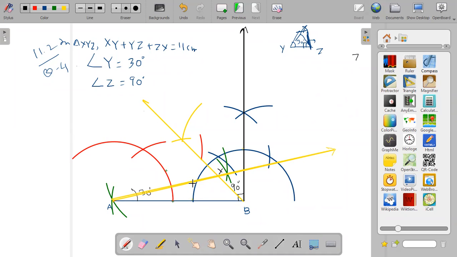And now draw the perpendicular bisector of AX. Draw the perpendicular bisectors of AX and BX, and these two bisectors will intersect AB at points Y and Z. So draw the perpendicular bisector of AX.